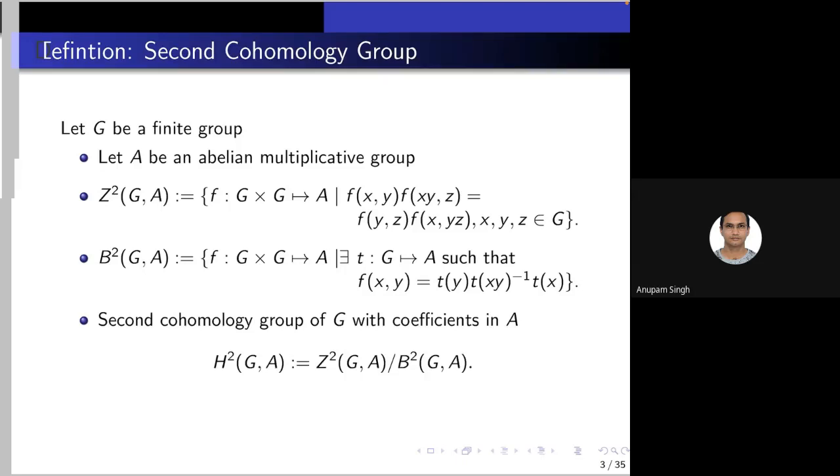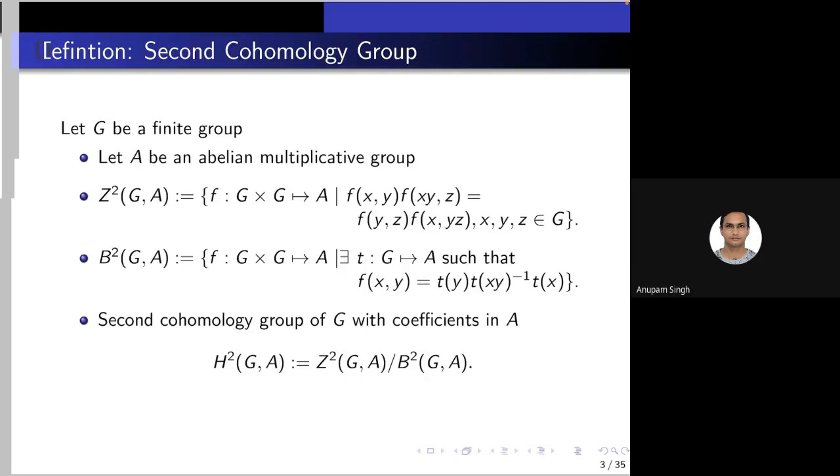Now let's take those functions from G cross G to A for which there exists a function t from G to A such that f(x, y) can be written as t(y) t(xy) inverse t(x). Such functions are called two coboundaries, and this subset makes a subgroup of Z2(G, A).